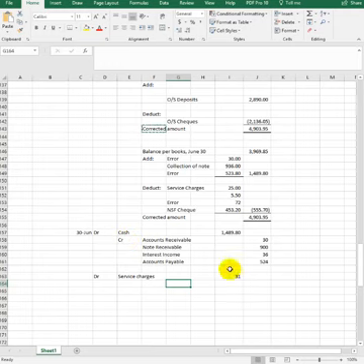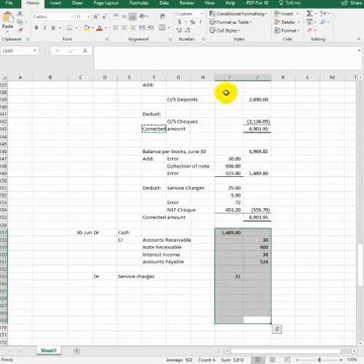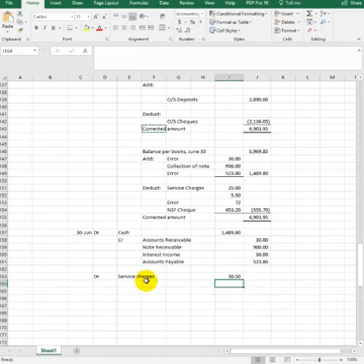So it looks like I've run out of digits. Since we're dealing with pennies here, we need more digits. There we go. Okay, so $30.50, the service charge.